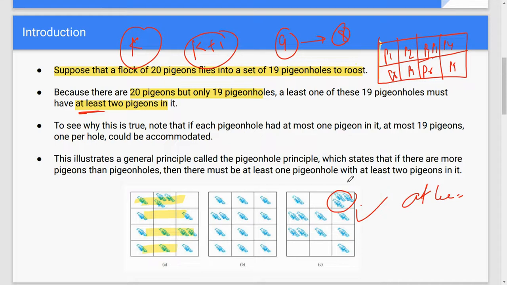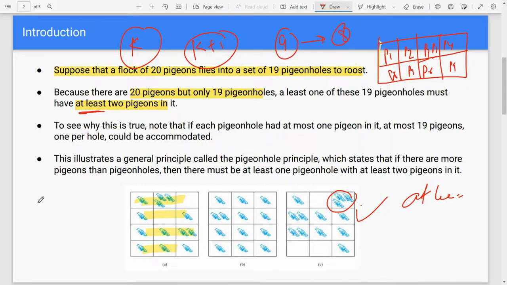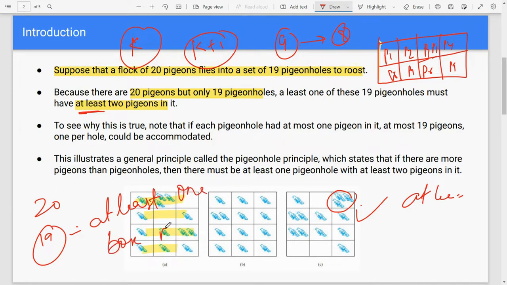Using this fundamental example, the principle arises, and this is called the pigeonhole principle. We'll discuss the definition and then see how to solve some types of questions. The simple fundamental thing is that if there are 20 pigeons and 19 boxes to keep them, then, keep the words in mind, at least one box must contain more than one pigeon.